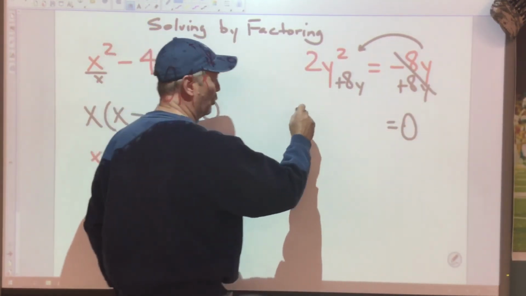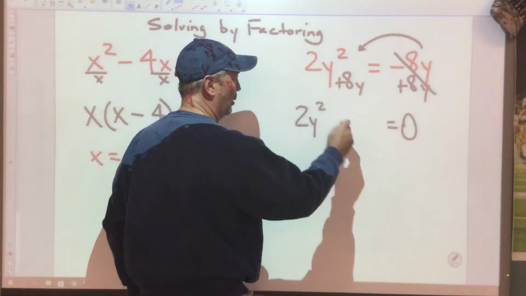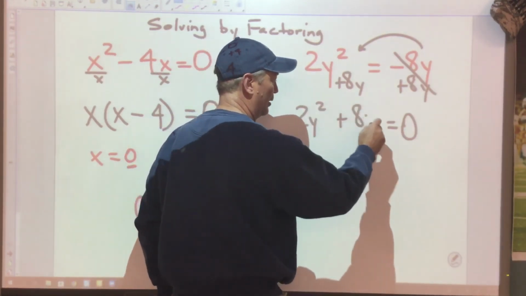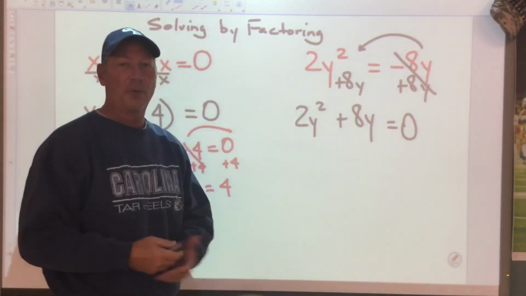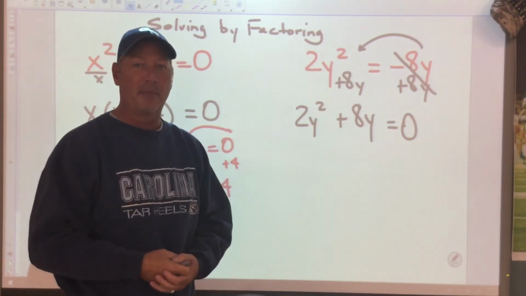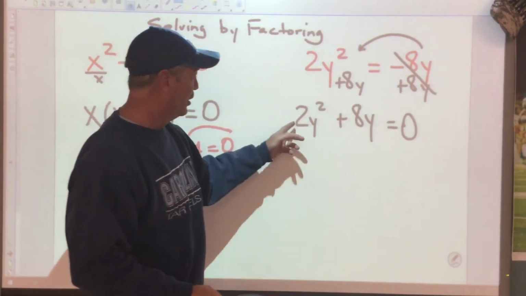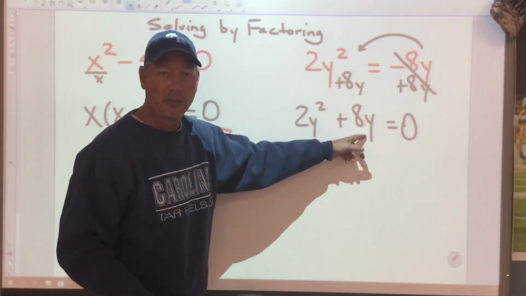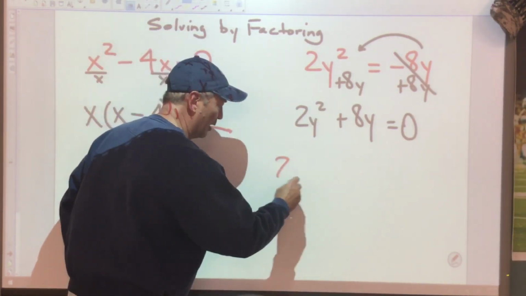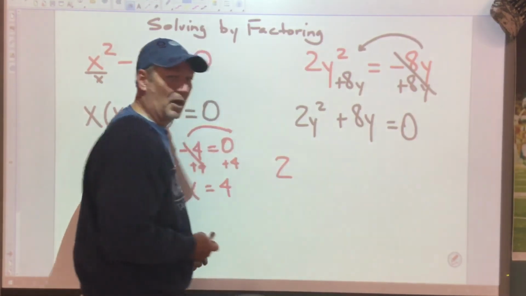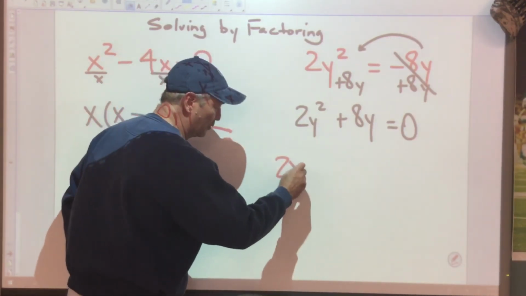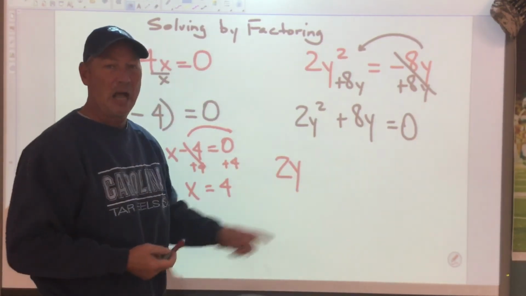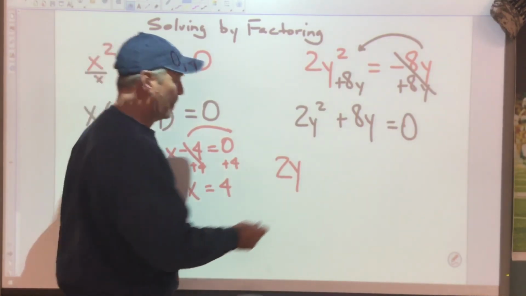I would have 2y squared plus 8y. In this case, I would ask you to factor out your greatest common factor. The number 2 goes into both of my terms. They both have a y in common, so I would use my smallest exponent, and that would be my greatest common factor.